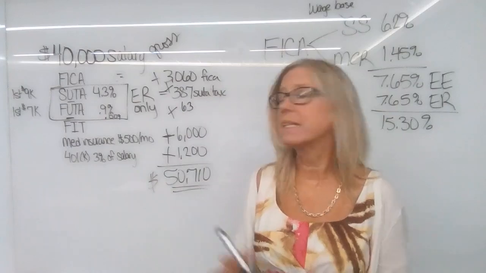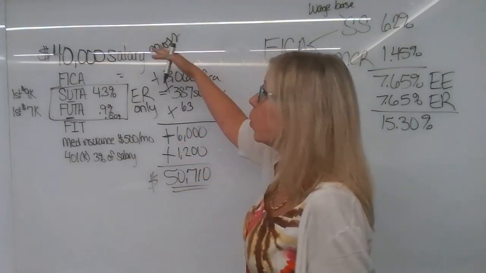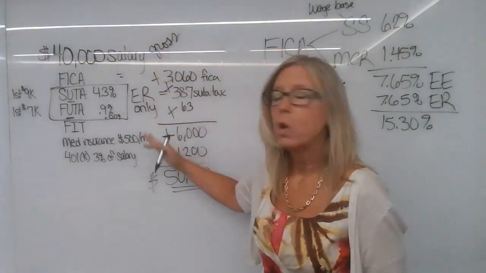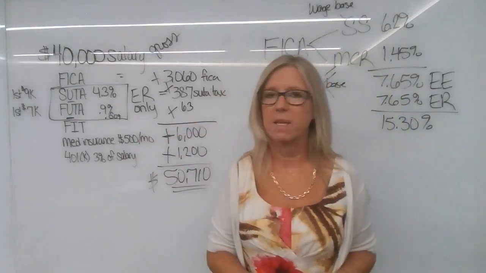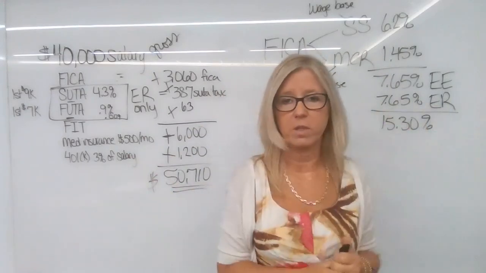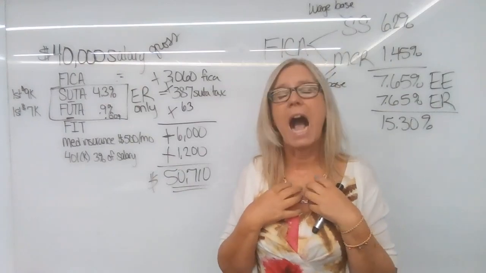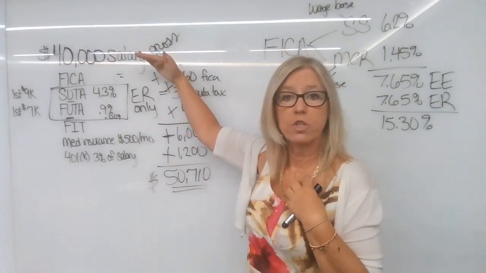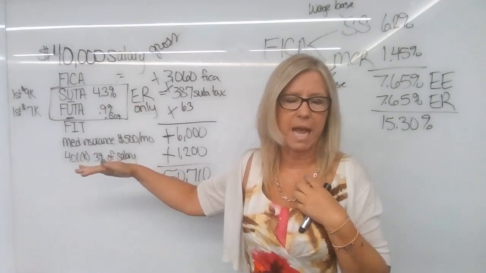And then lastly, federal income taxes. Notice for the employer's point of view, we did not have to budget an amount for federal income tax. Employers don't pay for our federal income tax. They withhold it, turn it over to the government. They don't pay for it. But as an employee, I would need to reduce my gross check by whatever that withholding is for my federal income tax.